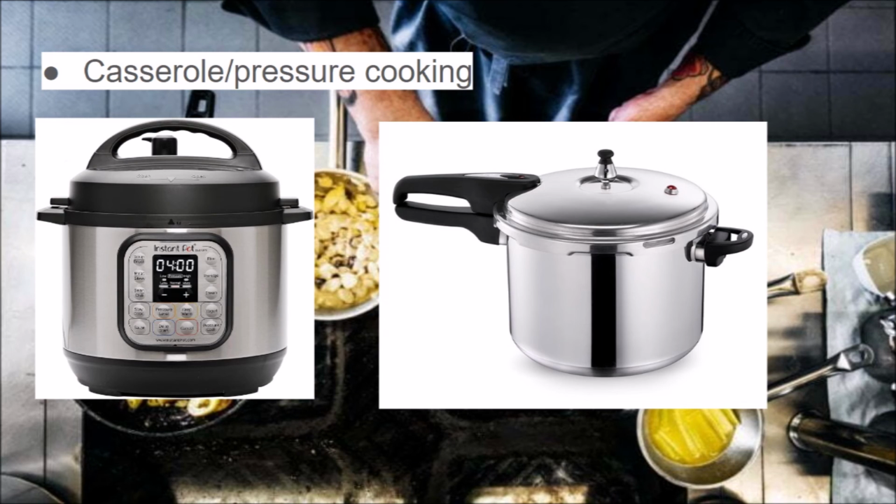In the case of the casserole or the pressure cooking, you can use an instant pot, which is similar to a cooking robot, or the more traditional pressure pot made from steel.